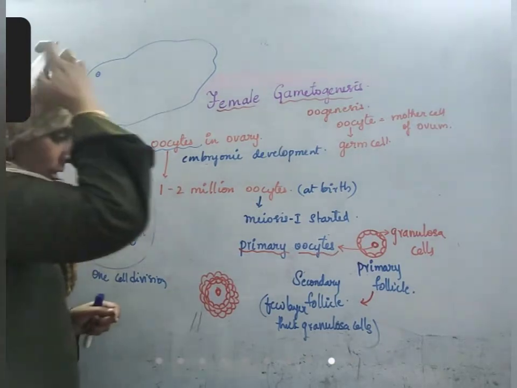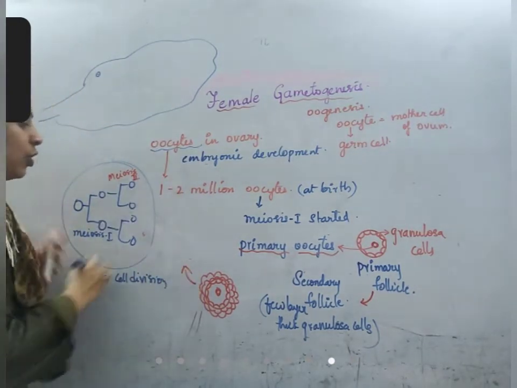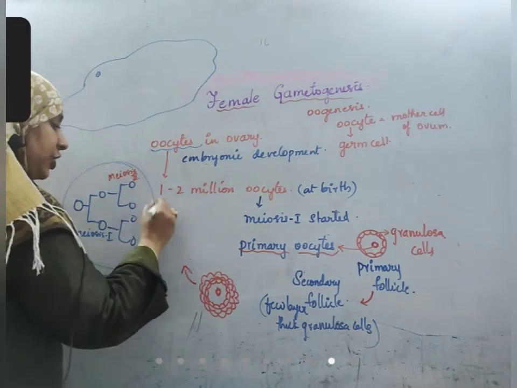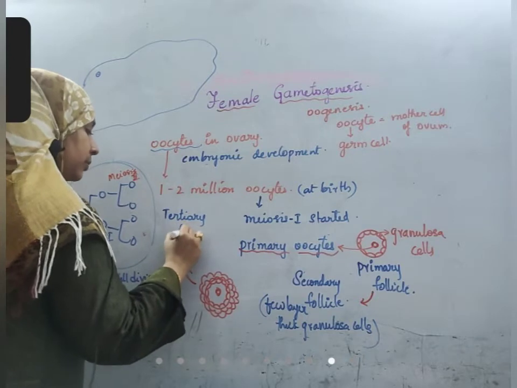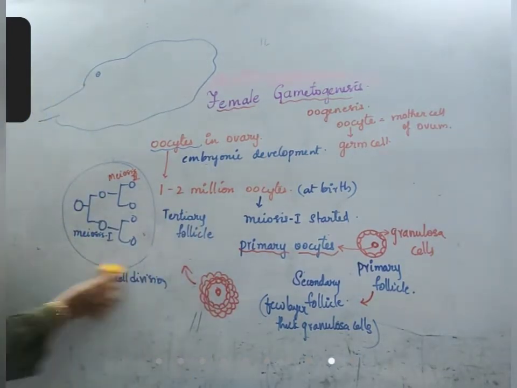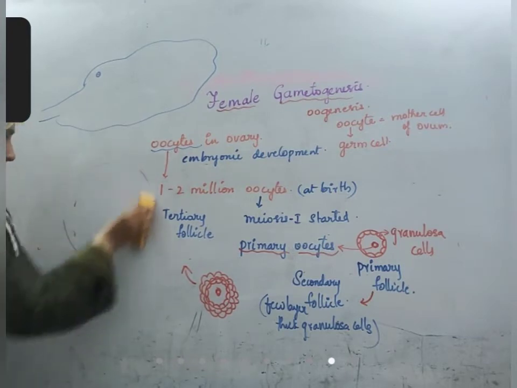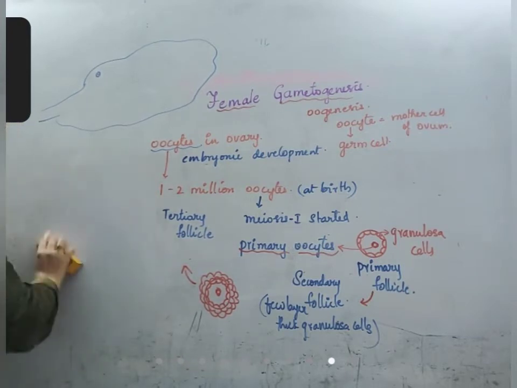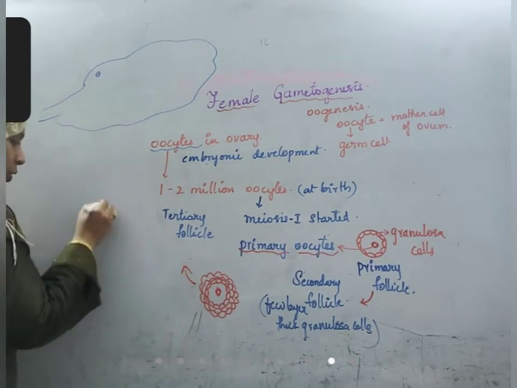After the secondary follicle is formed, it modifies itself to form the tertiary follicle. How does the tertiary follicle look? The tertiary follicle will look like this.